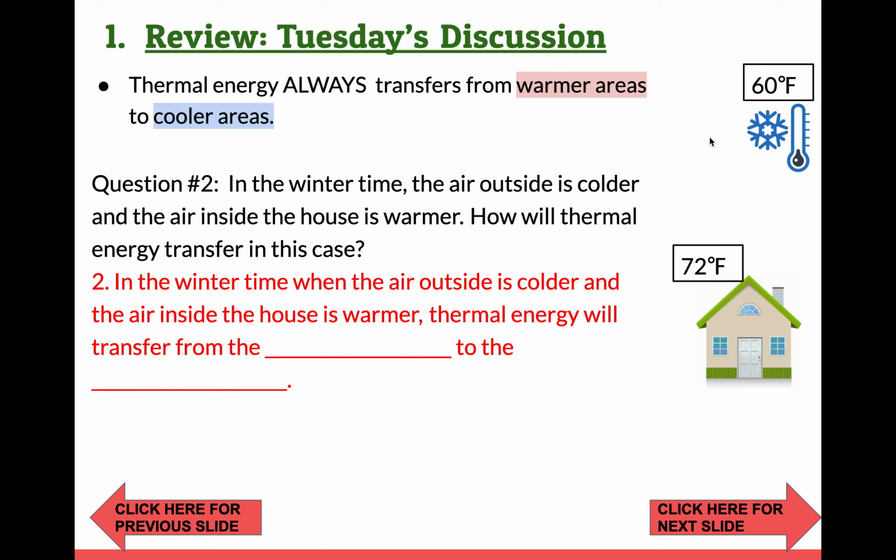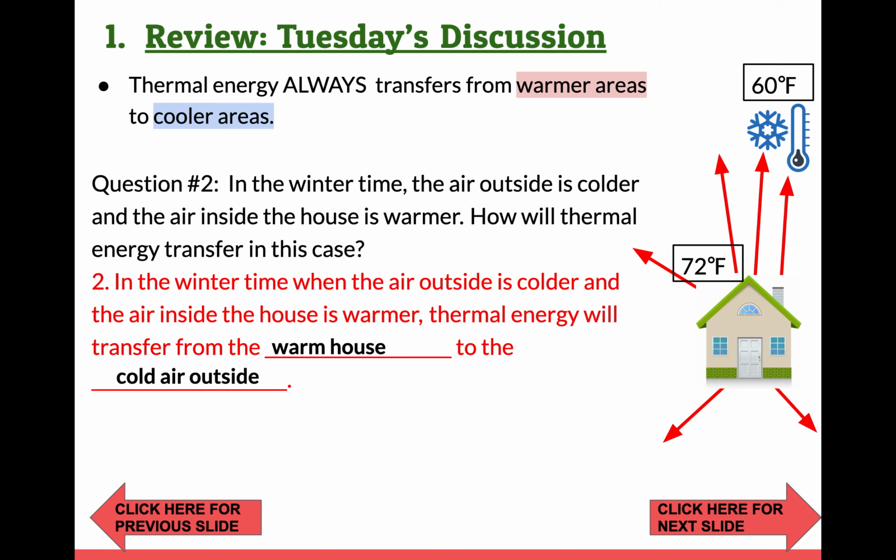So if thermal energy always transfers from warm to cold, thermal energy will have to go from the warm place to the cold place. So the arrow should look like this. And that means that in the wintertime, thermal energy will transfer from the warm house to the cold air outside.